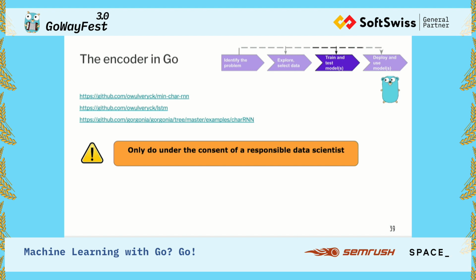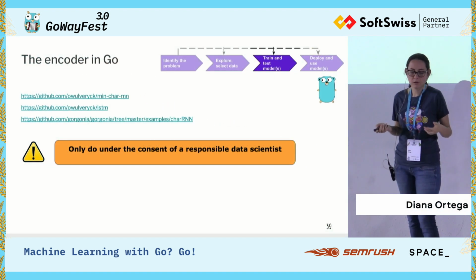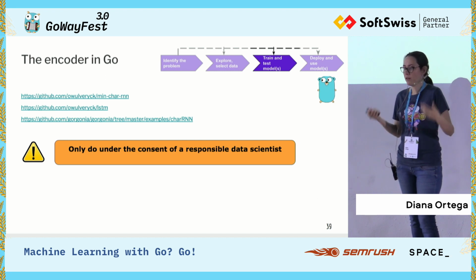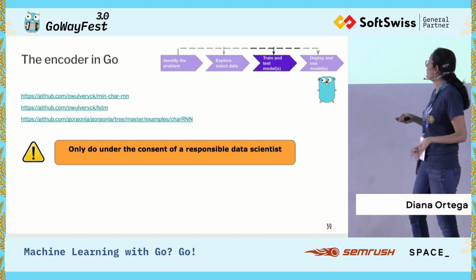There have been some people that have tried, but more like a side project. And well, sometimes they arrive, but the performance is not very good. So if you want to develop that, only do it under the consent of a responsible data scientist.